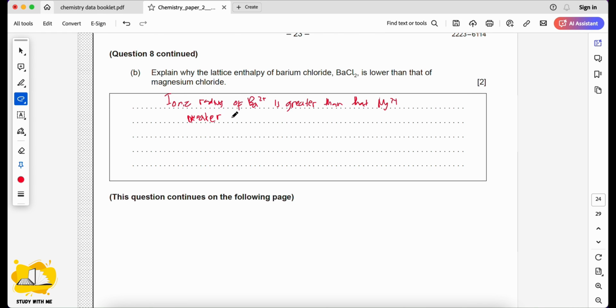It causes weaker attraction between Ba2+ and Cl- ions.